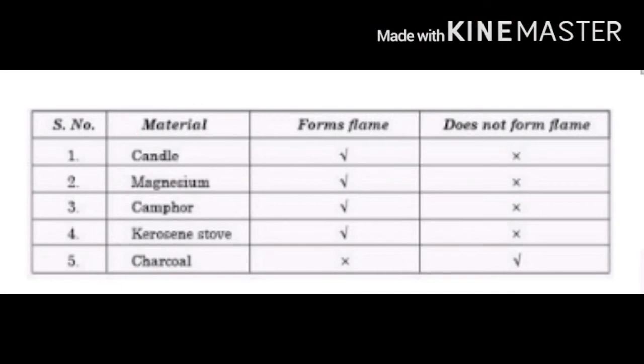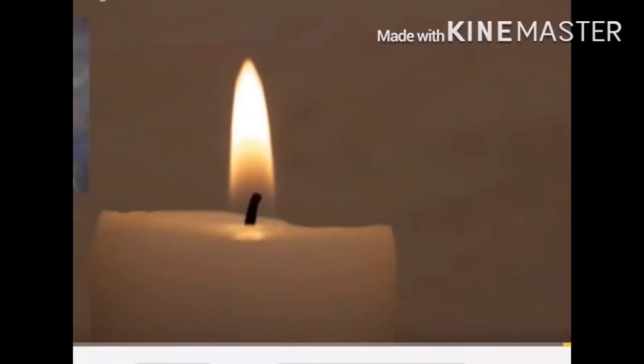So, in our textbook, there is a table we need to fill. That is, record your observation and mention whether on burning the material forms a flame or not. First, candle forms flame.